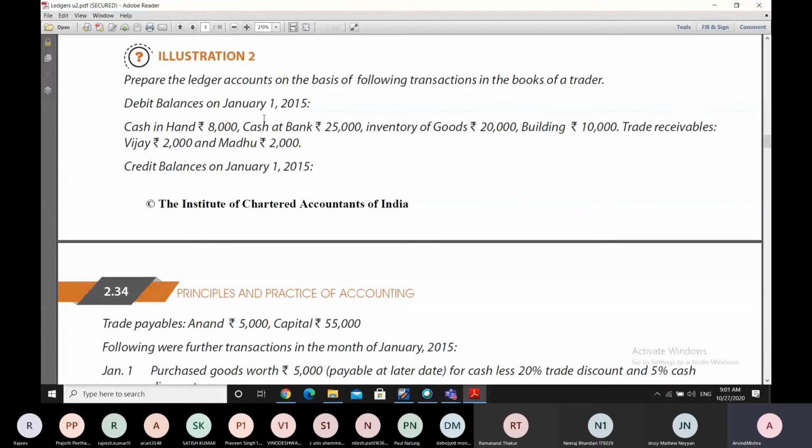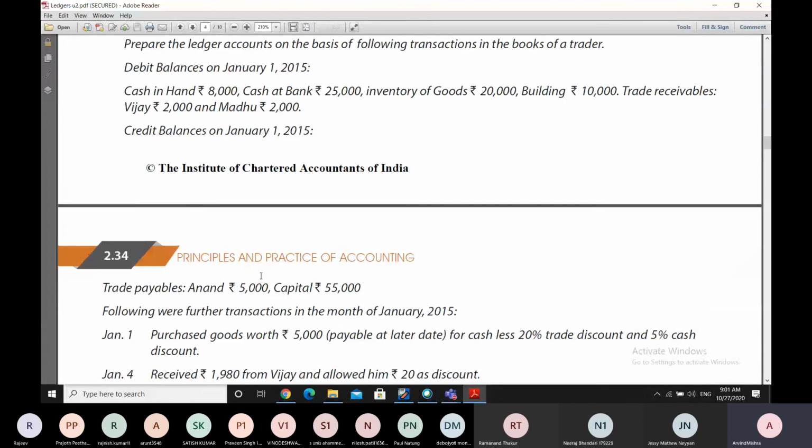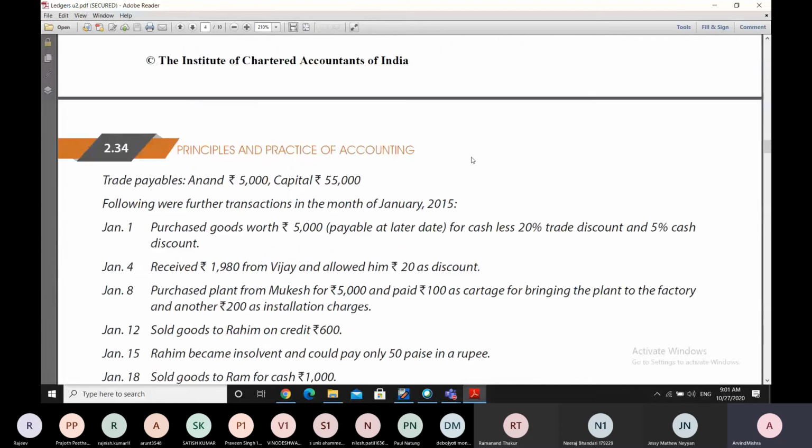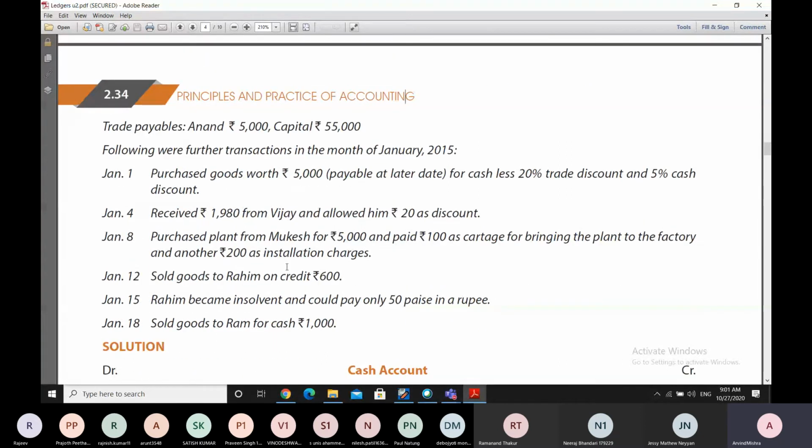We go here and see among debit balances there is no balance, and there is no balance among credit balances either. So there is no credit or debit balance in Rahim's account to start with. The sale is made here of 600 rupees, but Rahim became insolvent and therefore he could pay only 50 paise in a rupee, which means he could pay only 50%. That means the remaining part he could not pay.